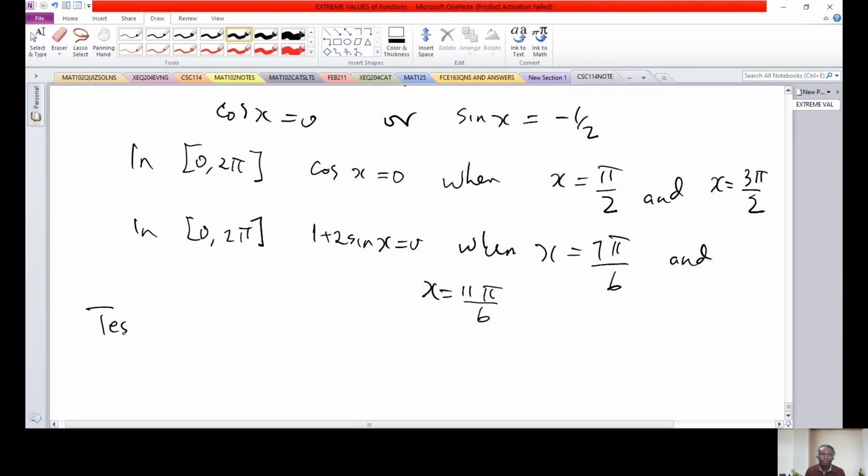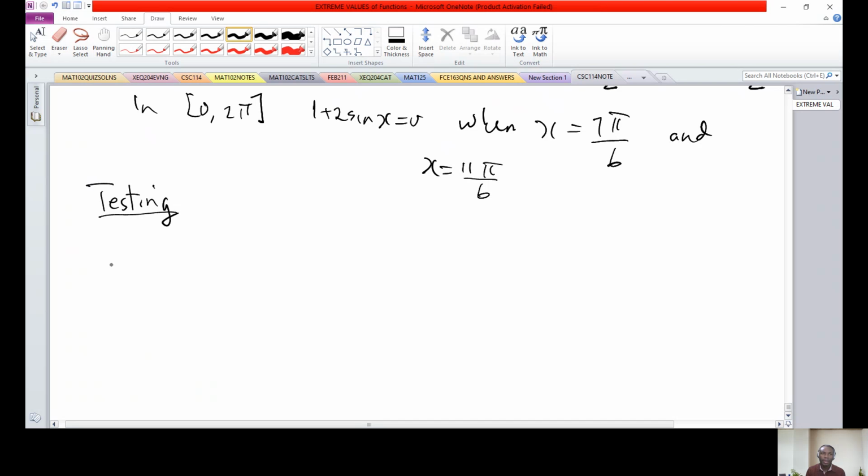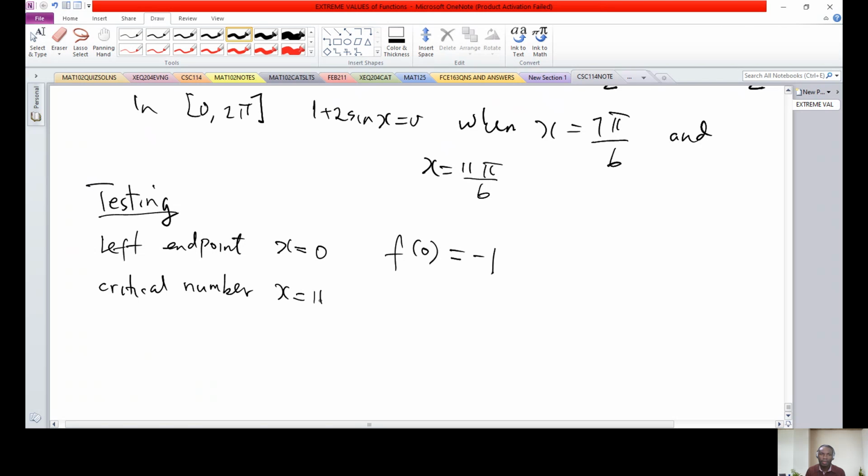So testing. So start by left endpoint, x equals 0. So f of 0 is -1. And then critical number x equals pi over 2.